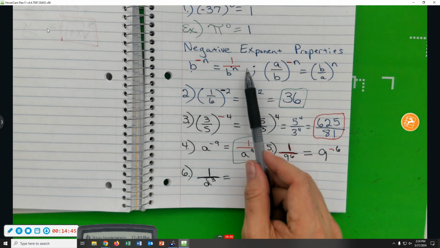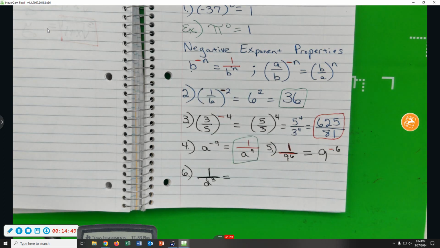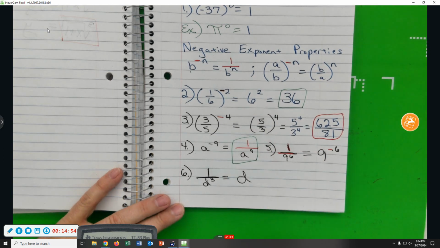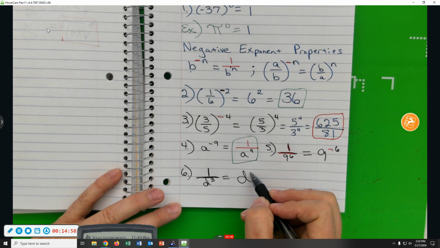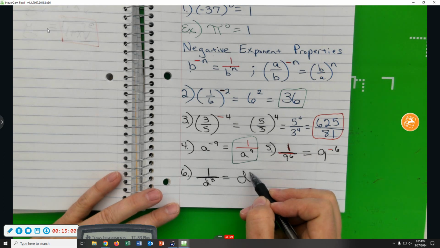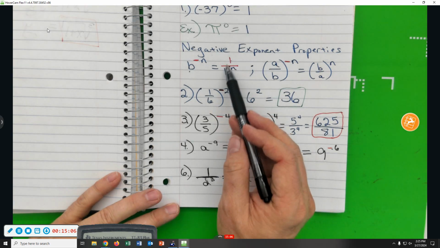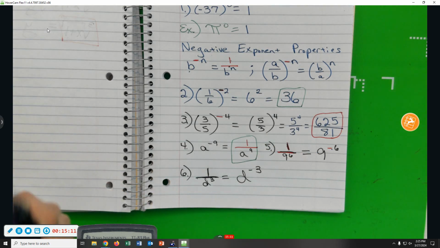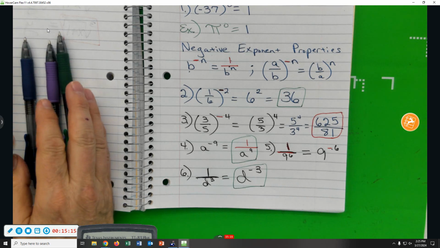Well, we're going backwards. We have a positive exponent. We want to go back to a negative exponent. So we're going to drop the 1 over. We have a d, but instead of a cube, what exponent are we going to have on it? What's going to take the place of the 1 over? A negative, so the exponent will be a negative 3. d to the negative 3.